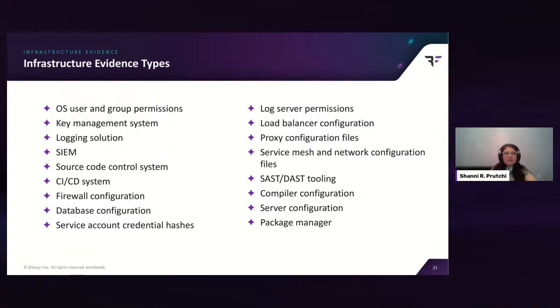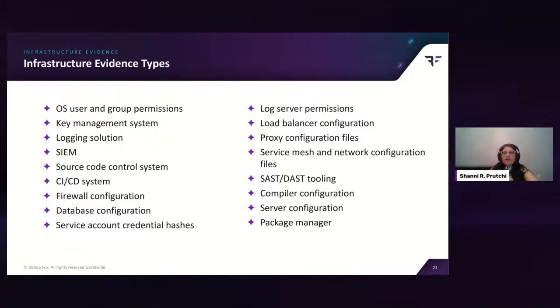And this is just a list of every single piece of access that is mentioned in the ASVS reference guide. So for the next few slides, we're going to go through different types of this infrastructure evidence and what verification requirements call for them and what this actually means.